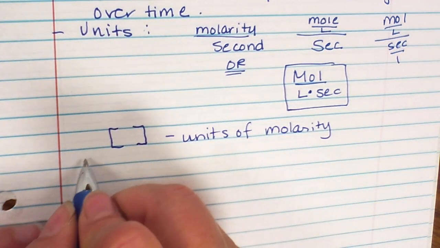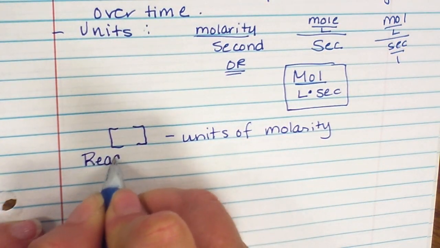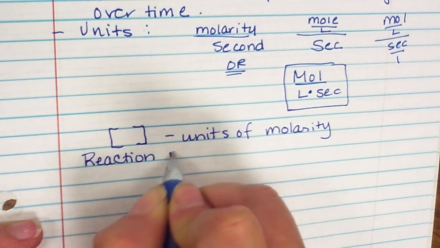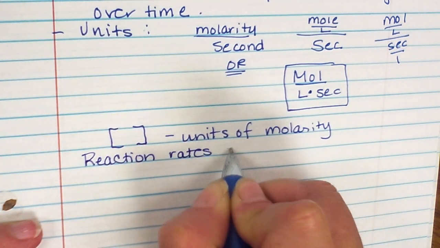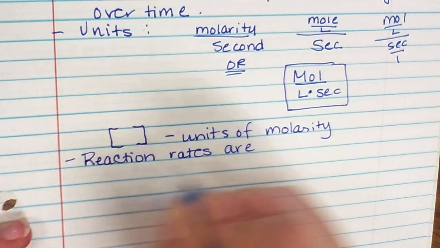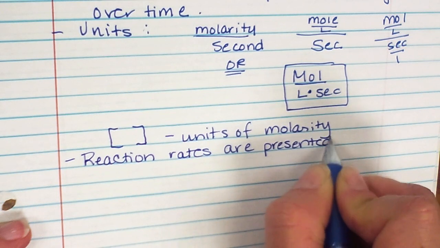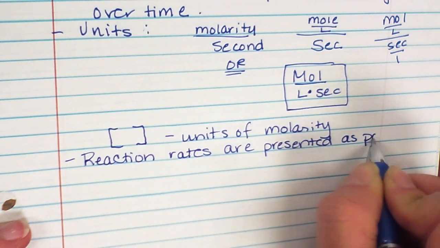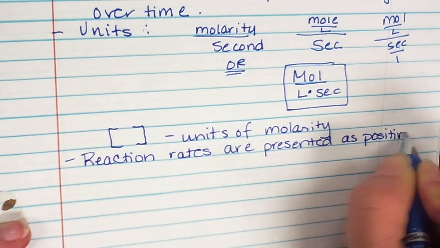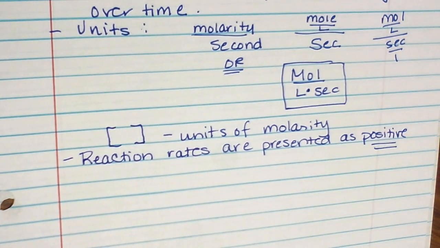And reaction rates are presented as positive. And you will see why. Okay, so it's always moles per liter per second. Like how far are they moving to the left, to the right? Moles per liter per second as positive. All right.